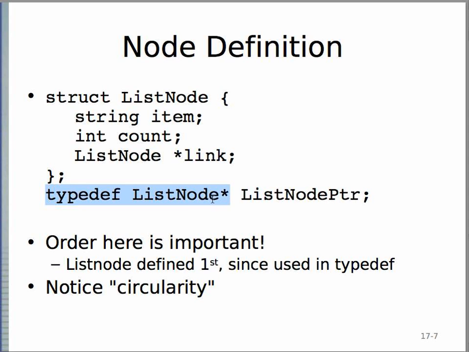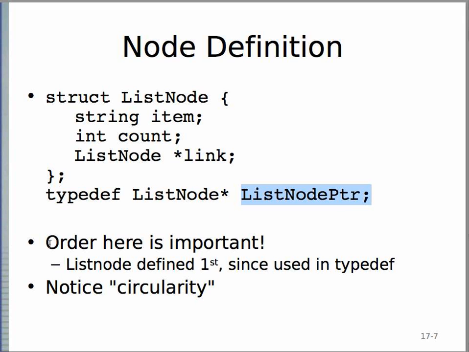I don't mind seeing the node pointer everywhere, and for me personally, I like to see it. So the book takes a different approach and says that they don't like having this list node star everywhere. For me, it's not such a big problem. So in the book they typedef the pointer, and they use that list node pointer everywhere.